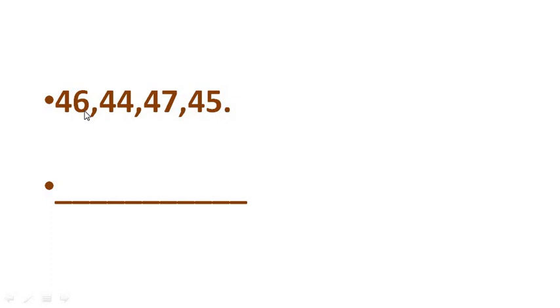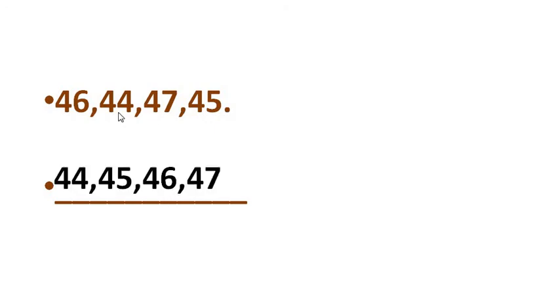This is 46, 44, 47, 45. Now I want to arrange these numbers in ascending order. So which number should I take first? First I should take 44, then 45, then 46, and at last 47.